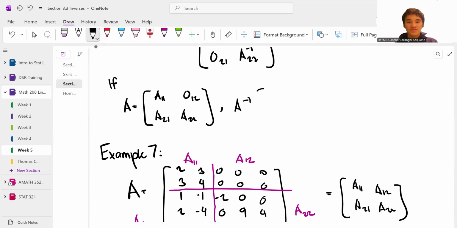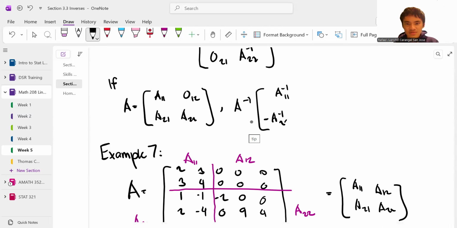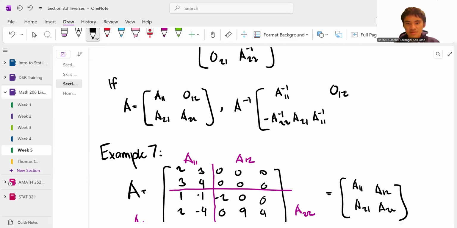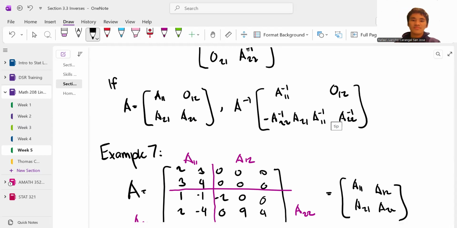Then our inverse has the following formula. It's also going to be a 2 by 2: A11 inverse, 0, then this one's a bit weird, negative A22 inverse times A21, which you already have, times A11 inverse, and here we have A22 inverse.